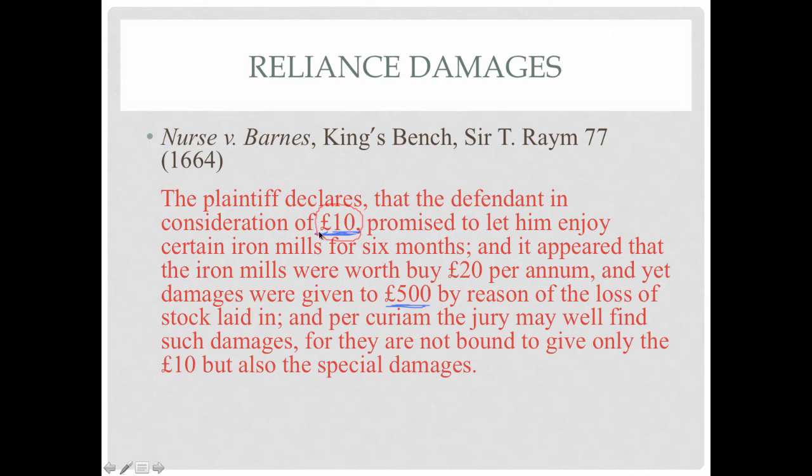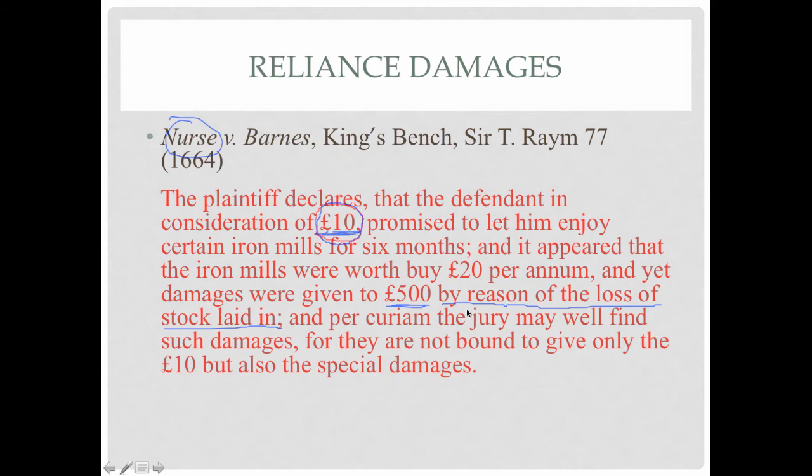So if you clearly can recover the direct reliance, this £10 of payment for the iron mill, but you get £500 total, that means that the plaintiff, the tenant, had special damages. What were they? The special damages were the loss of the stock laid in. The stock laid in is additional iron ore and other stuff that's acquired by Nurse, by this tenant, for the purpose of running the iron mill, of using the iron mill.